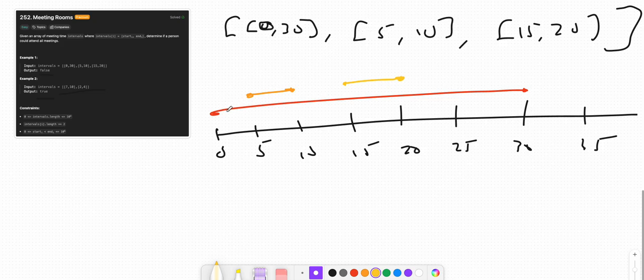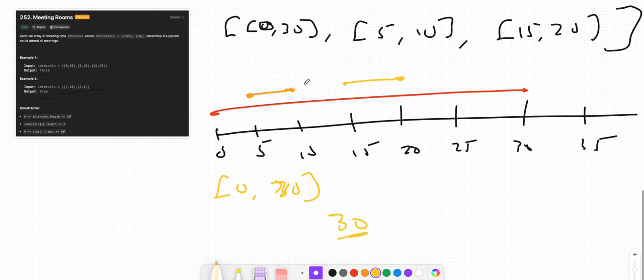So for meetings to be attended continuously, the next meeting must start after the first meeting ends, right? So if we have 0 to 30, the next upcoming meeting must at least start from 30, right?